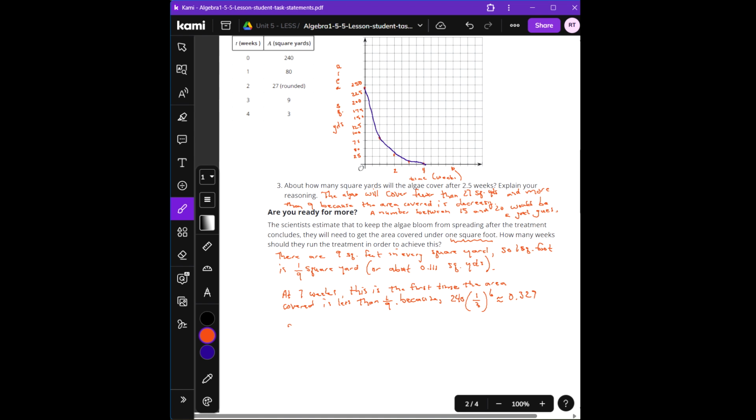And 240 times 1/3 to the 7th is approximately 0.110. So we can see that this is the first time that it went below that. Okay, so the answer is 7 weeks.